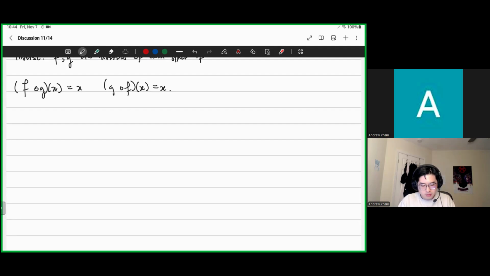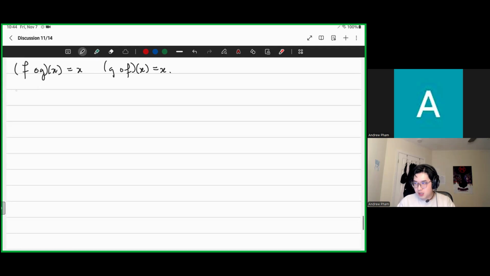Okay, so this is now 4.3, logarithmic functions.